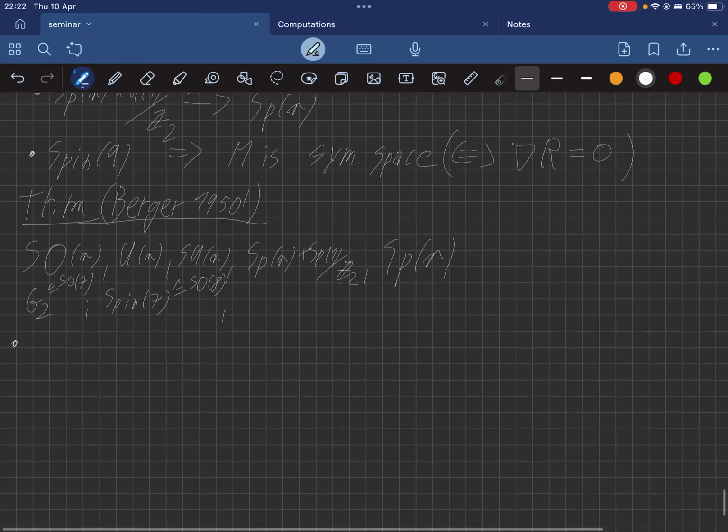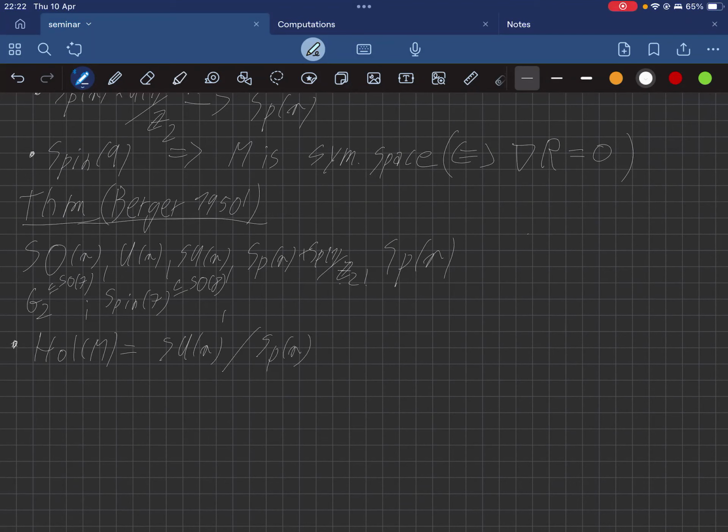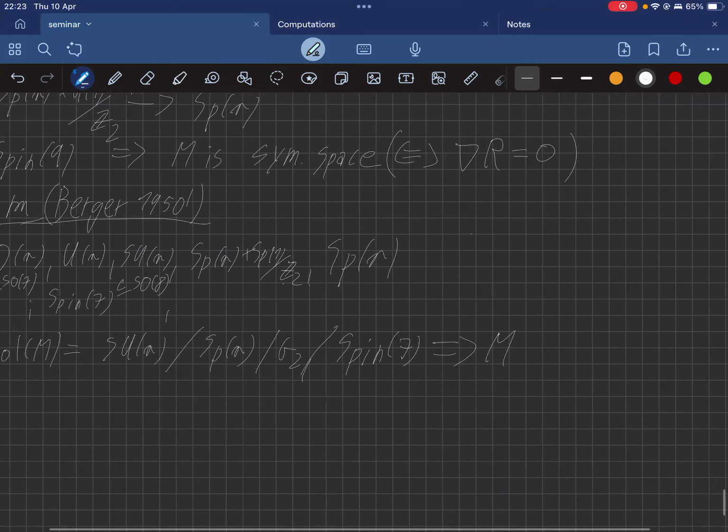One remark is that if the holonomy of a manifold is either SU(n) or Sp(n) or G2 or Spin(7), this actually implies that your manifold is Ricci flat.